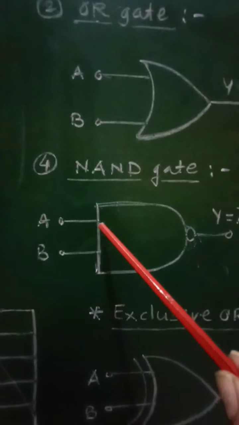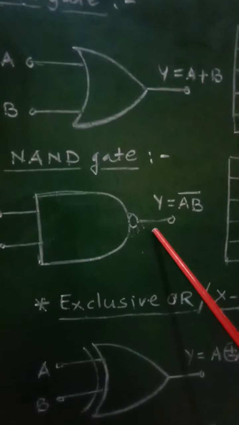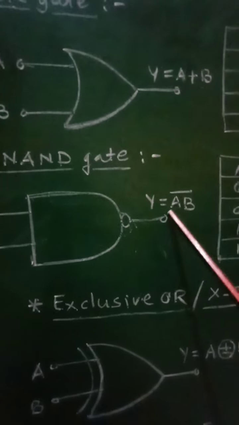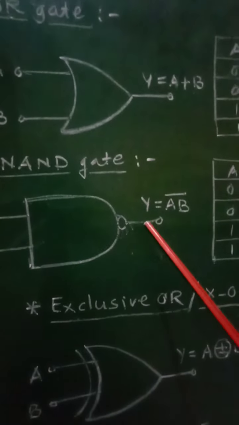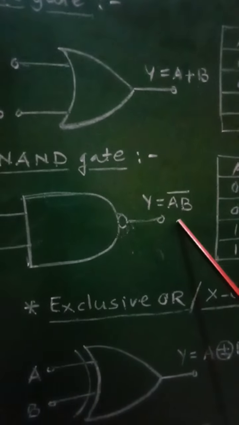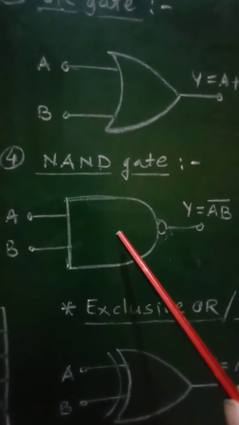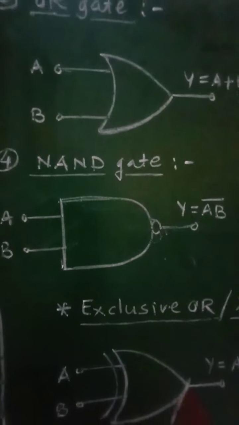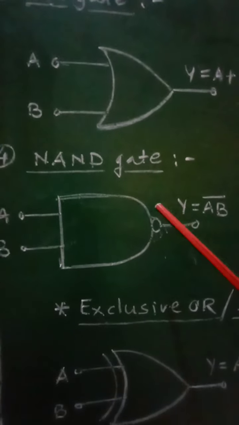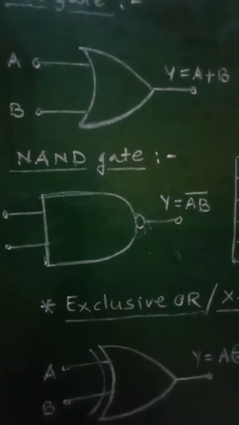It will again have two inputs A and B, and the output will be obtained as y equal to AB bar. So y equal to AB is the output of AND gate. It will be inverted due to this NAND gate, and therefore the Boolean expression for NAND gate is y equal to AB bar.